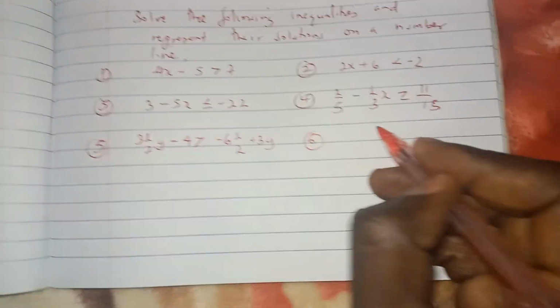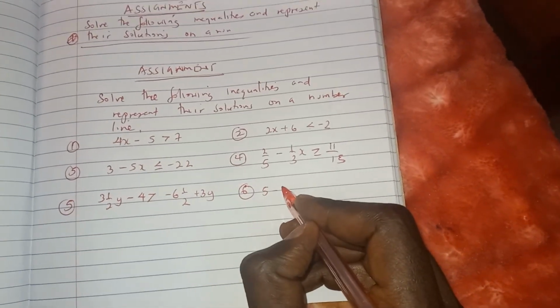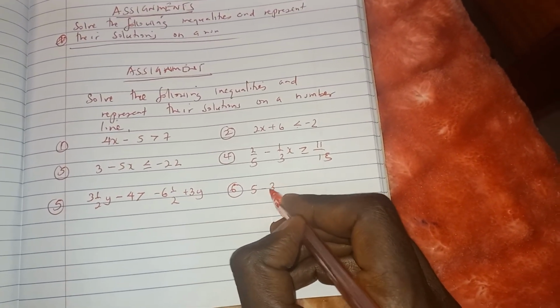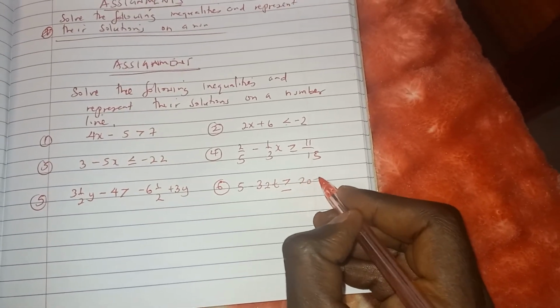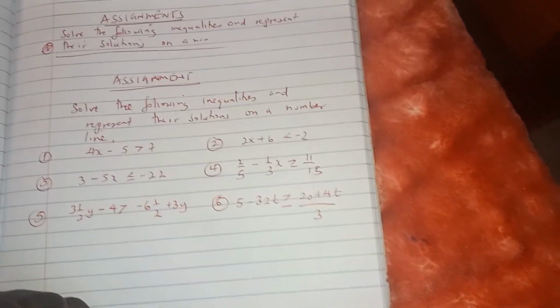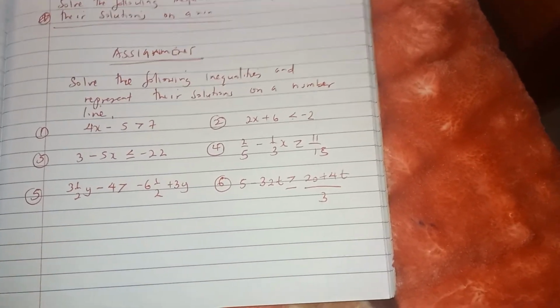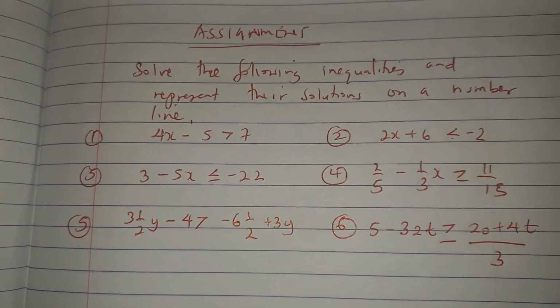Number 6, 5 minus 32t is greater than or equal to 20 plus 4t, everything divided by 3. So can you solve those problems and then let me have the solutions?